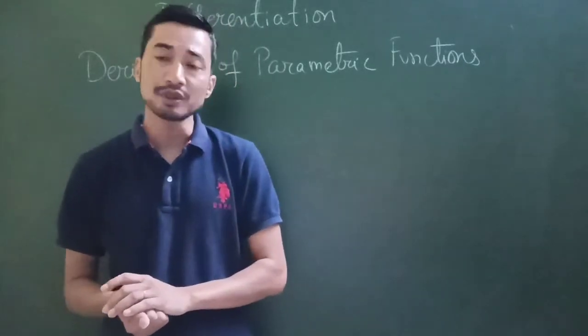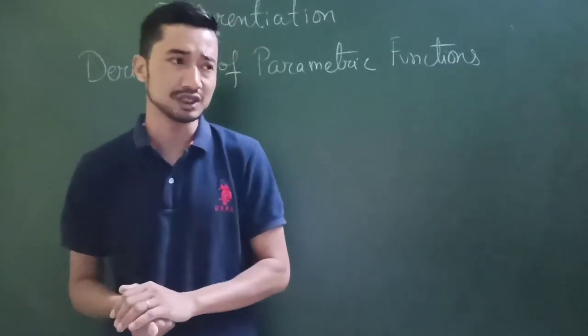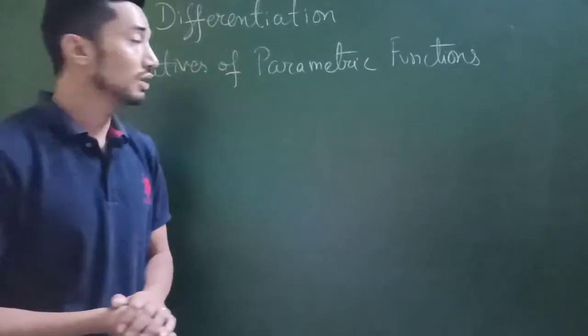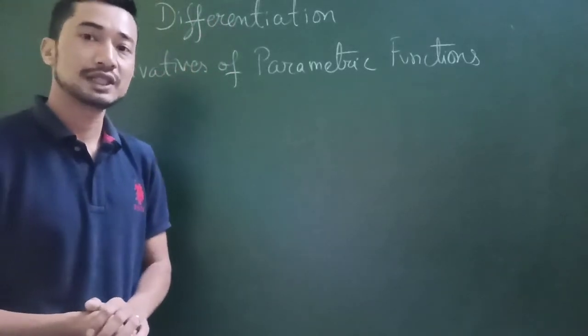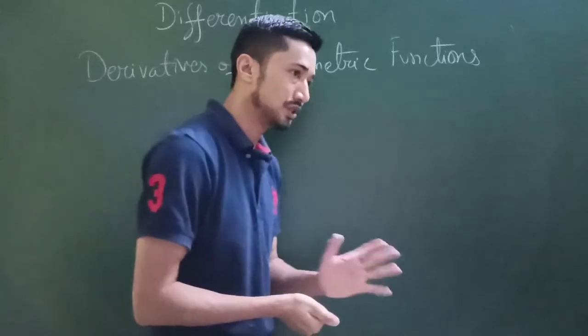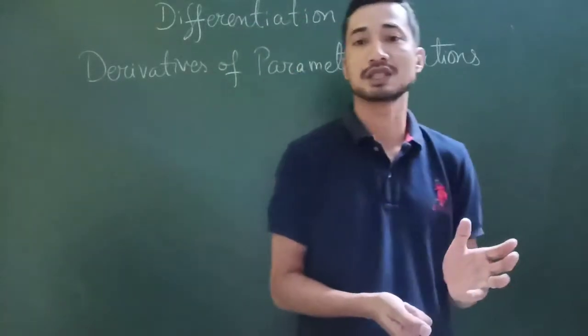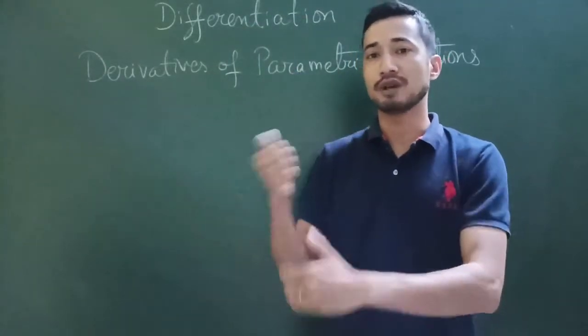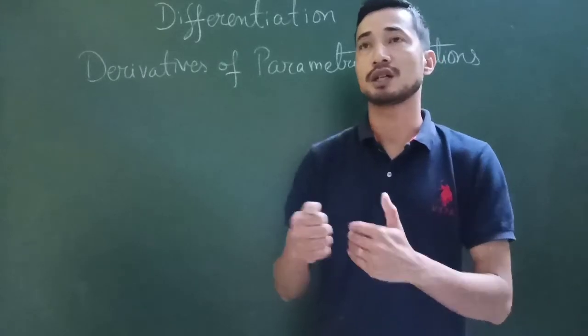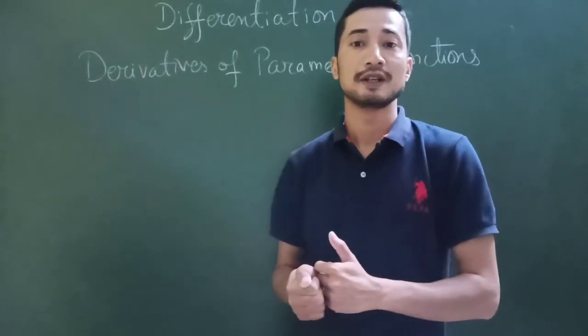Functions can be of different forms, isn't it? So one more topic that we are going to study today is how to differentiate parametric functions. But before that, you have to rewind and go back. What are parametric functions?